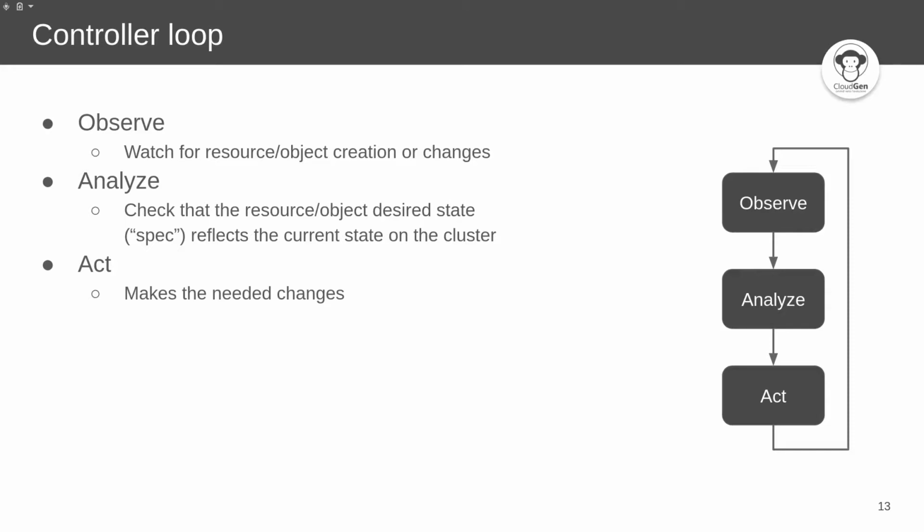If it's not okay, it will make some changes on the cluster in order to have the state of your application match what you are describing in your resource. And this loop just runs forever. So your controller is an application running an endless loop of observe, analyze, and act.